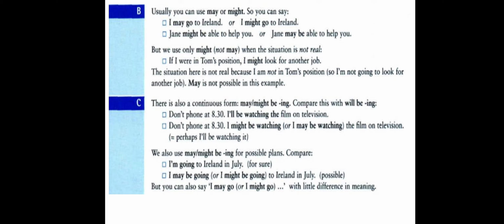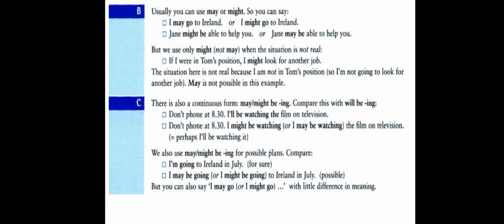Example number 2, don't phone at 8:30. I might be watching or I may be watching the film on television, and here I express possibility. There is a possibility that I will be watching the film on television. Perhaps I'll be watching it.